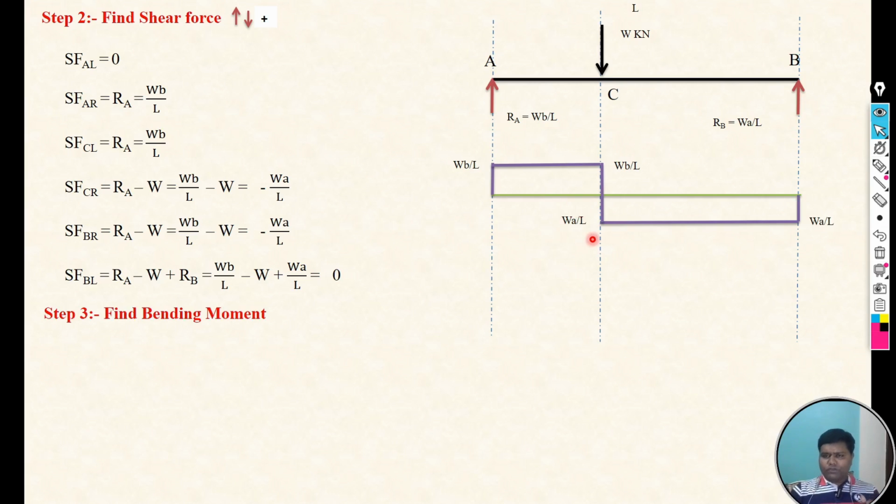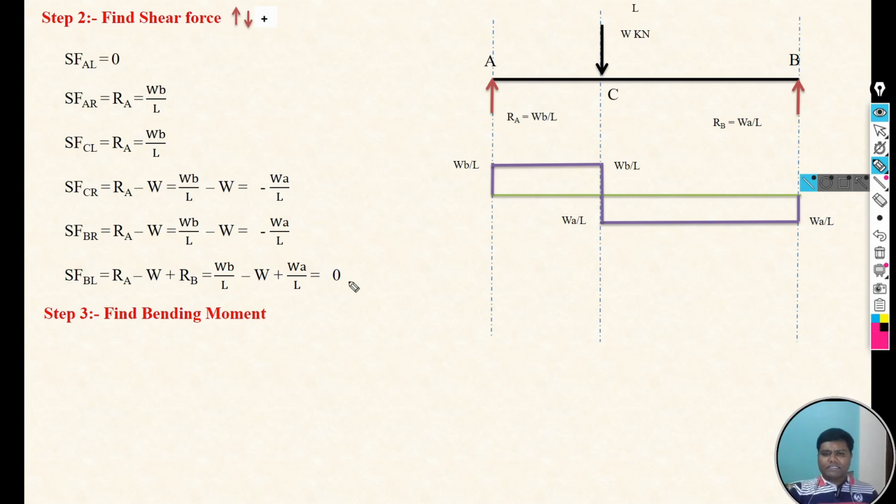Once you draw the shear force diagram, the next step is what? To find the bending moment at each point. To find the bending moment at each point, we need to consider the section at each point, meaning section at A, section at C, and section at B. While calculating the bending moment, we need to consider the actual sign conventions: sagging bending moment positive and hogging negative.